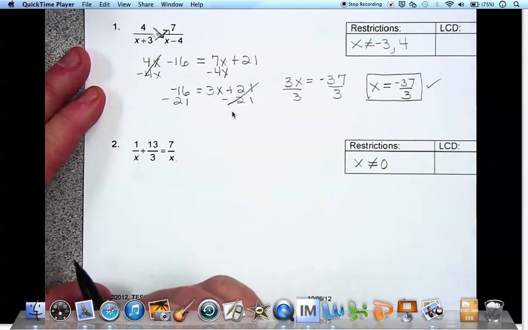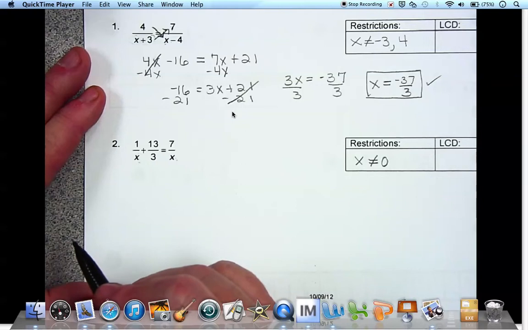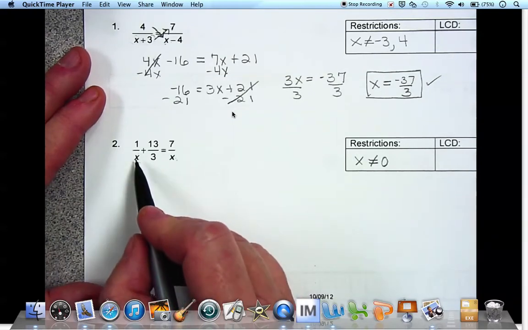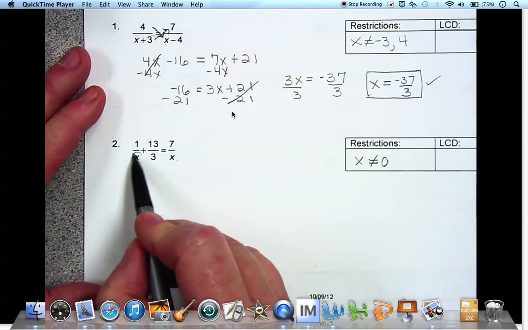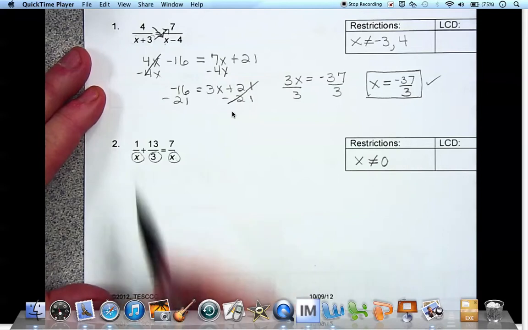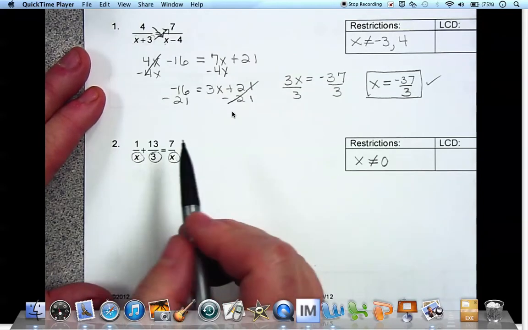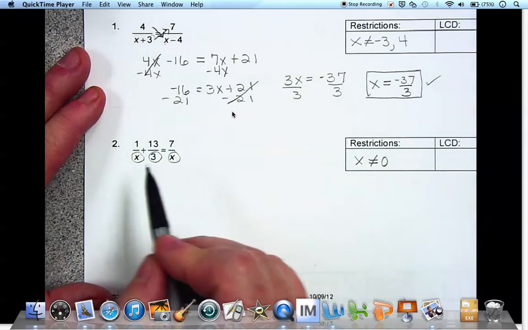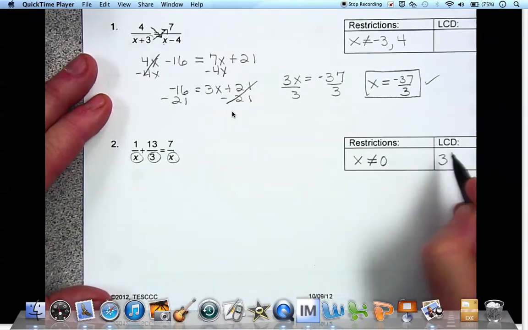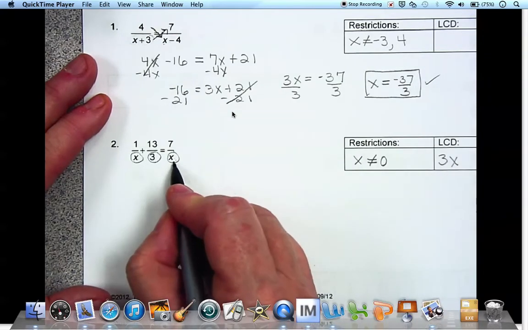Okay. All right, now we need to figure out what the least common denominator is. Now, least common denominator is a denominator that includes all of these denominators. So we're going to need an x, and we're going to need a 3. Now, we already have this x, so what we're going to have is a 3 for this one, and an x for this one, and this x also takes care of this x.